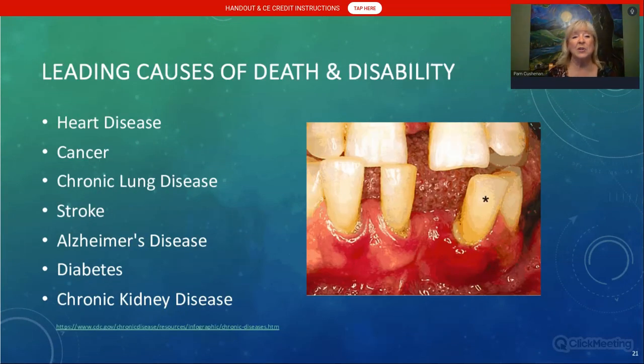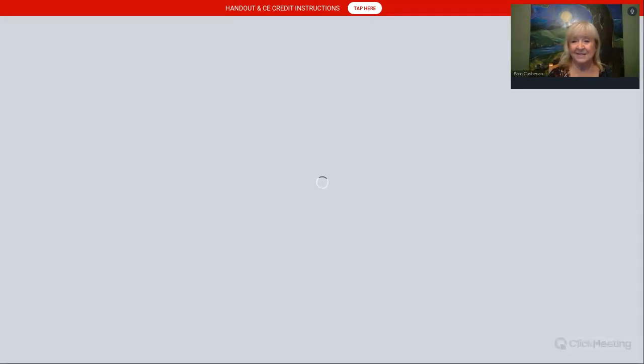Now, when we look at leading causes of death and disability, you'll see some overlap and some that were not listed before. So there's our heart disease. We see that frequently. Cancer is a leading cause of death and disability. Chronic lung disease, stroke, Alzheimer's disease, diabetes, and again, we see chronic kidney disease.